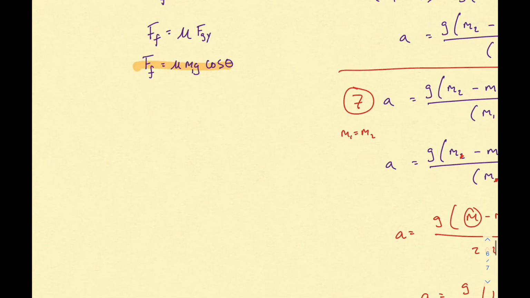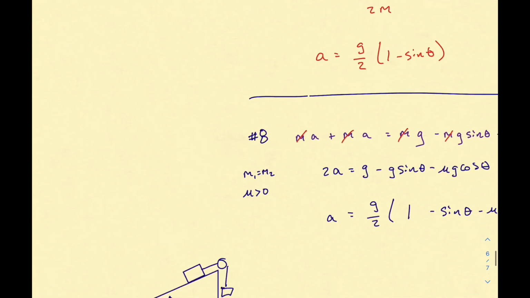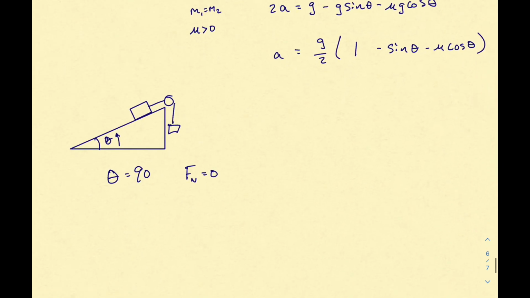Okay, so why are we going through that? Well, because when this approaches 90 degrees, we're able to claim that it is the same as the scenario that these two blocks are just hanging like this. Because this surface that the block on the left is sitting on is just a vertical plane.